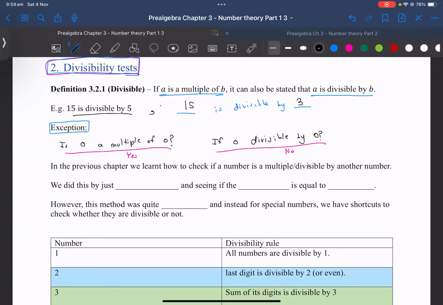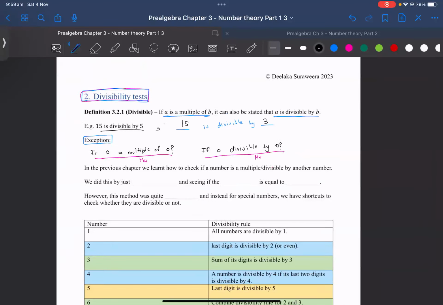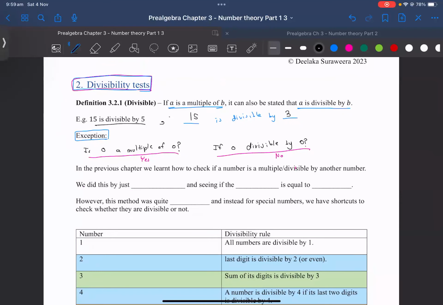Now we're going to go to the shortcut, which in part 1, on multiples, we learned how to check if a number is a multiple or is divisible by another number. How do we check that?